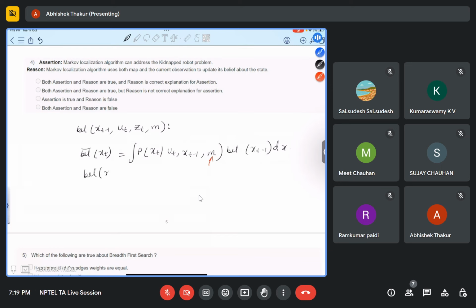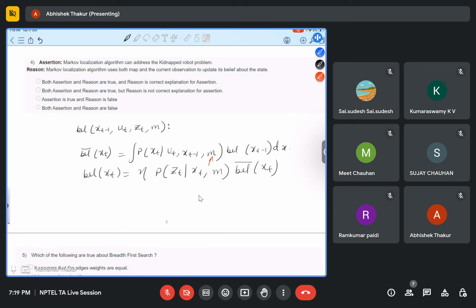And belief of xt is equal to eta into probability of zt, like the measurement at that time stamp, and the position xt and the map information, and belief bar of xt. So the Markov localization algorithm uses both map and current observation.